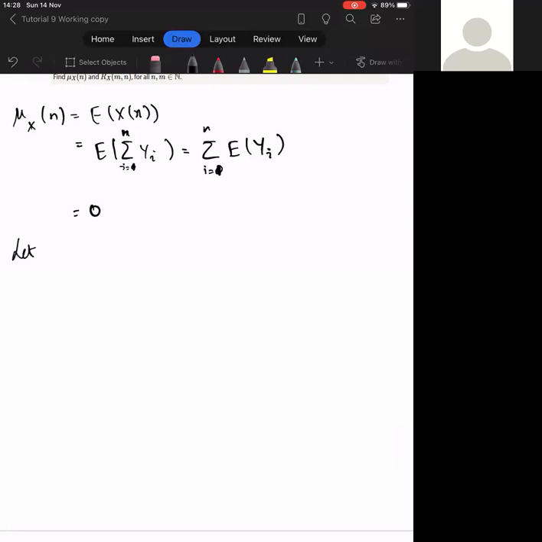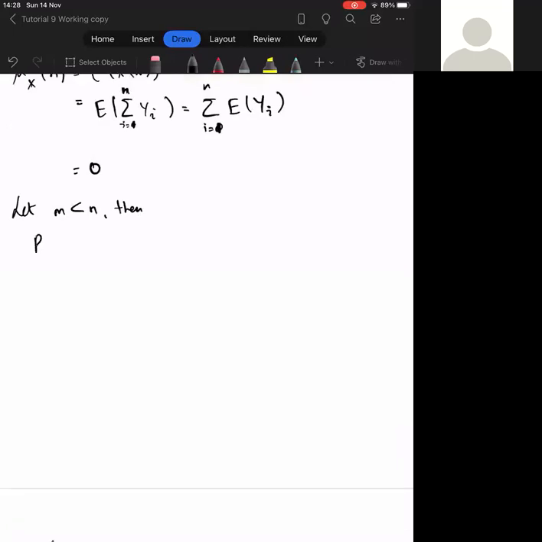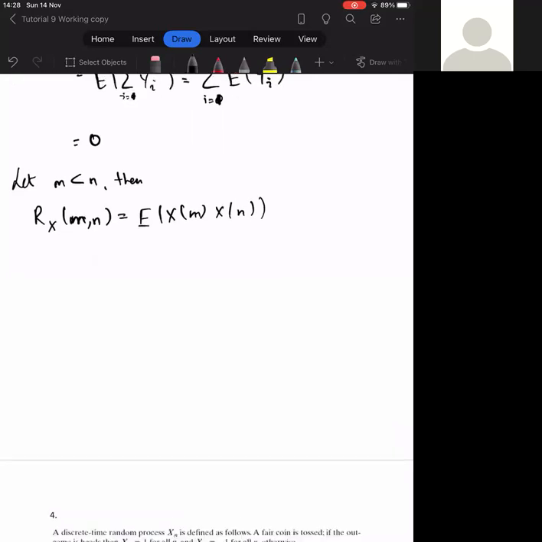Let m be less than n, then Rx(m, n) equals, by definition, ये क्यों है ये, इसके आगे मैं मीन्स क्यों नहीं डाल रहा, because that's 0. So we're just left with this from the autocorrelation key definition.